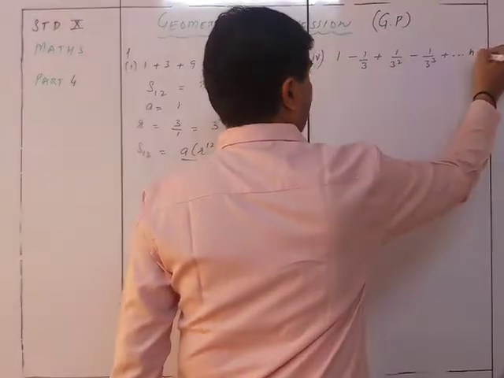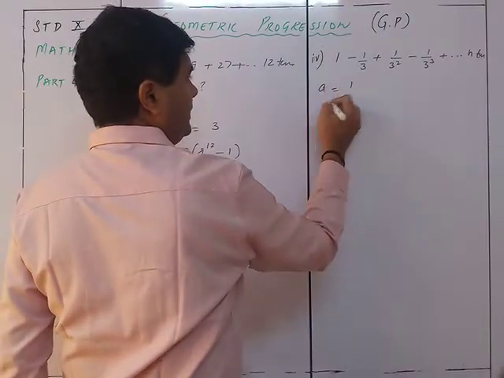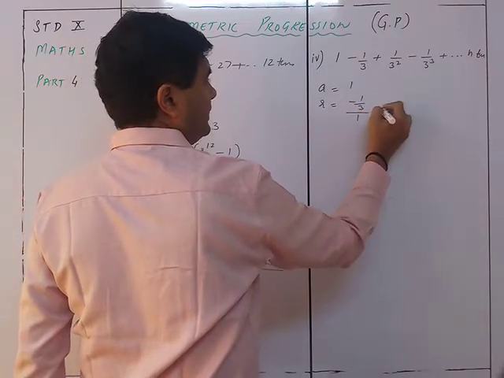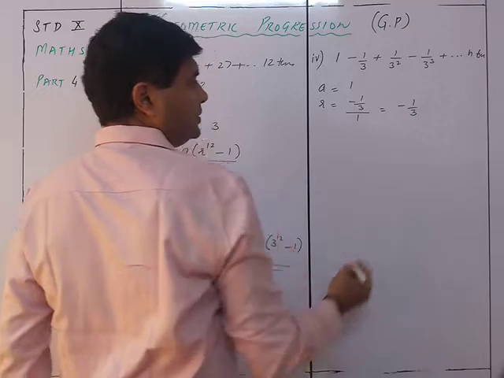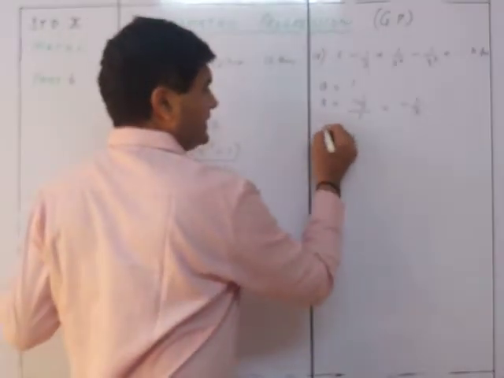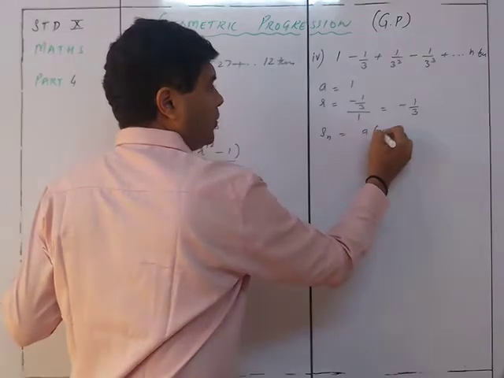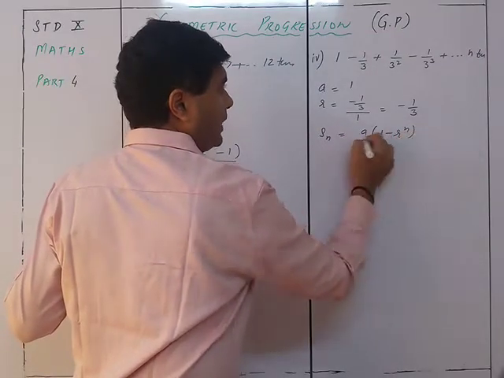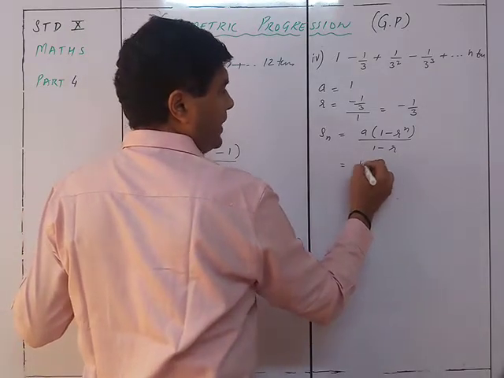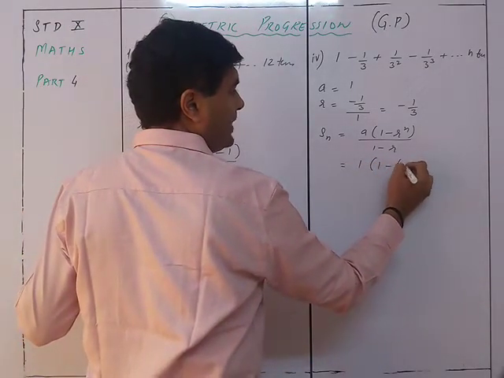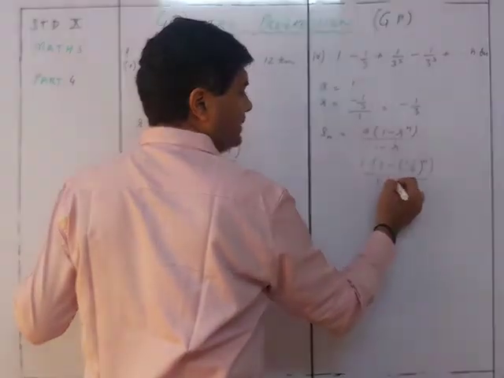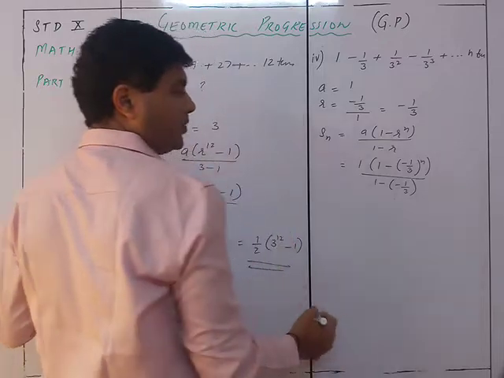So what we are doing is A is equal to 1, R is equal to minus 1 upon 3 upon 1, which is equal to minus 1 upon 3. 1 upon 3 is less than 1, so we will take the value as Sn is equal to A times 1 minus R raised to n upon 1 minus R. So that is going to be A is 1, 1 minus 1 upon 3 raised to n upon 1 minus 1 upon 3.